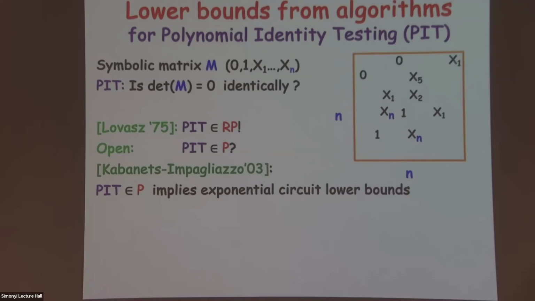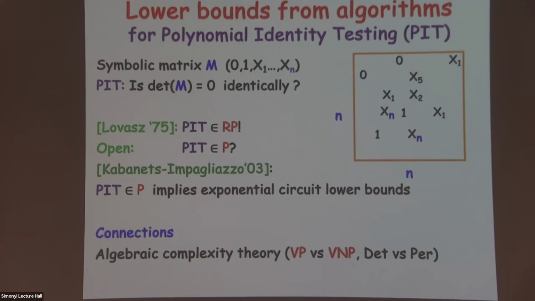So it's the opposite connection. This hardness versus randomness now goes in the other direction. You de-randomize, you prove circuit lower bounds. So de-randomization and hardness are coupled very strongly. We don't know how to do this. This comes from connections; I didn't talk at all about algebraic complexity theory.